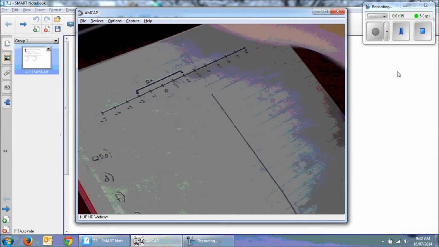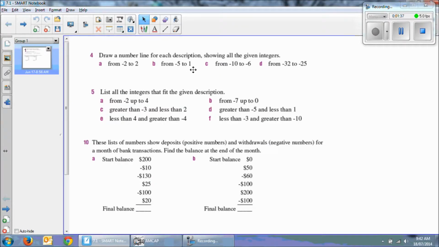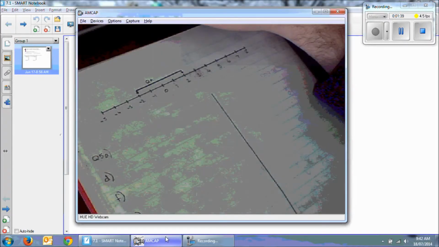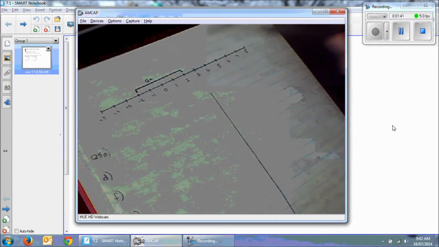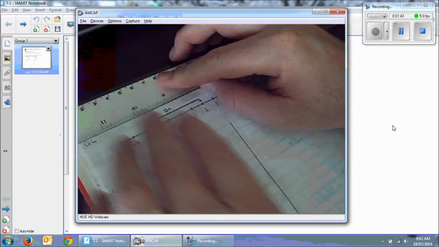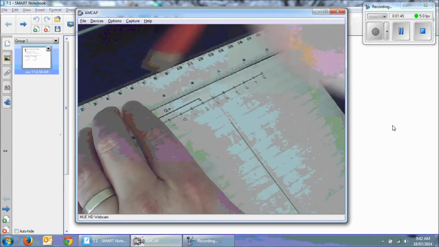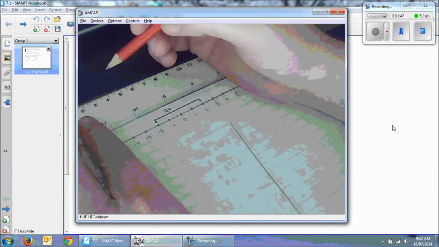If we have a look at B, it says from -5 to 1. So -5 is down here. Once again, I'm going to draw a line, and I need to go up to 1.